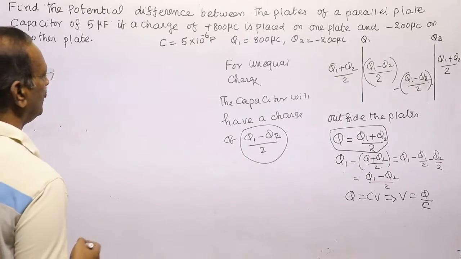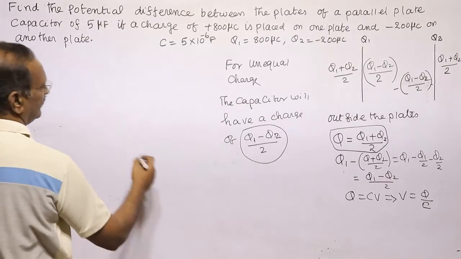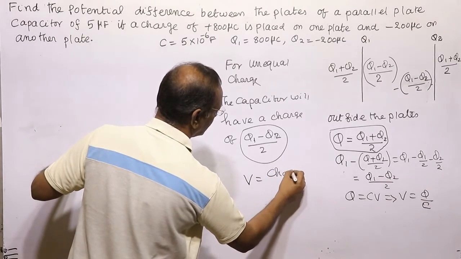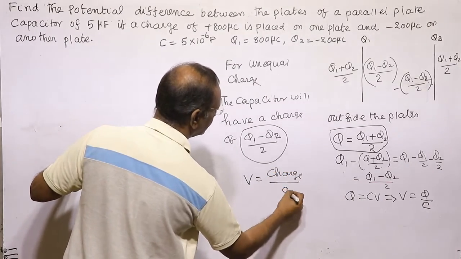Now we want to find out the potential. Potential is equal to charge divided by capacitance.